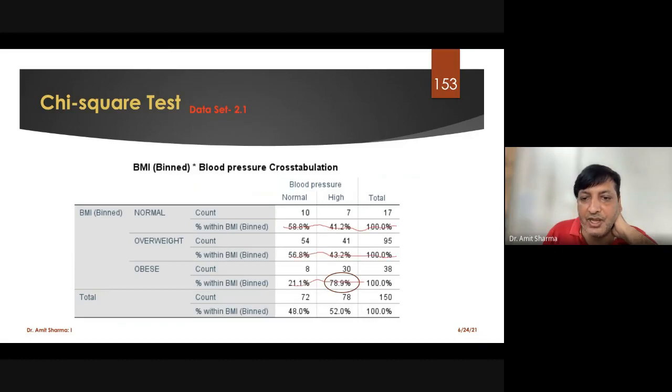You are going to get only numbers, like 10, 7, 41, 54, 4 or 30. By seeing these numbers, you are not going to conclude anything, because whenever you are applying a chi-square, you have to quote the maximum proportion out of these six values, or sometimes the maximum proportion will be written at the bottom for 100.